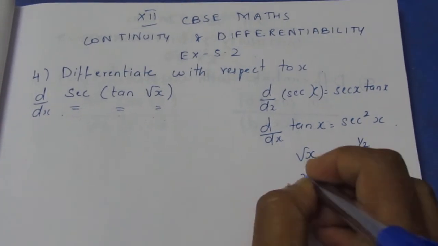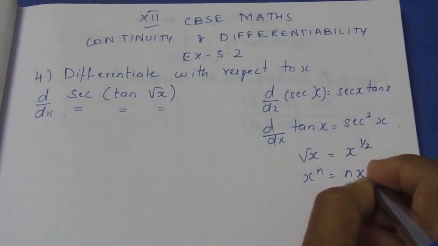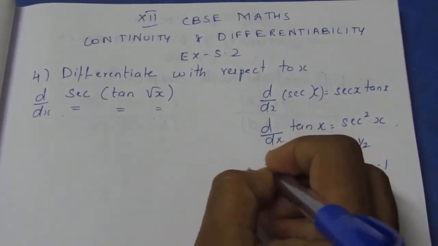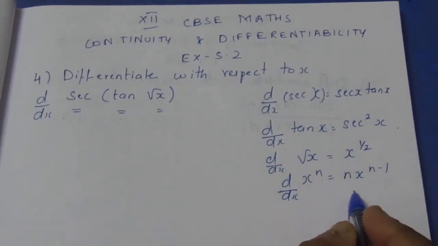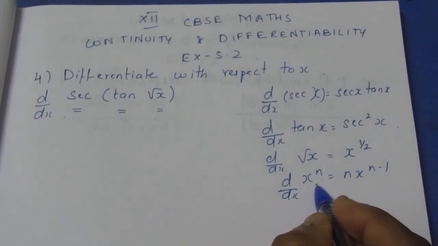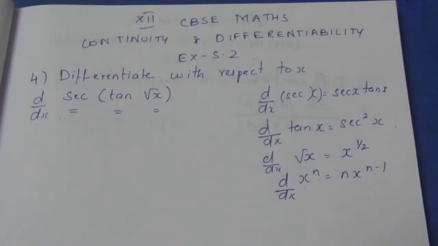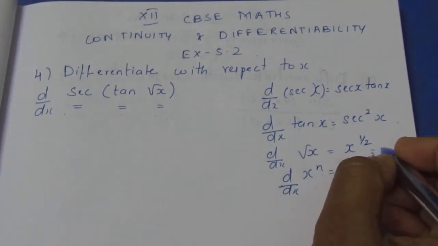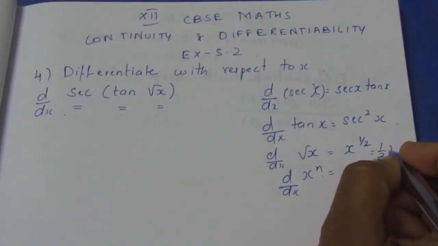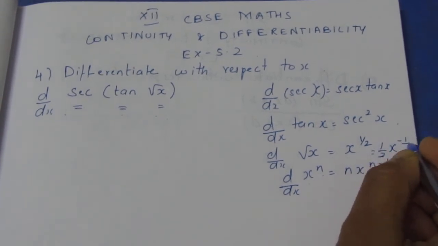We know that differentiation of x power n is n x power n minus 1. The power will come to the front and the power will be reduced by 1. The same way, the power comes in front, it becomes half, and x power half minus 1 will become x power minus half.